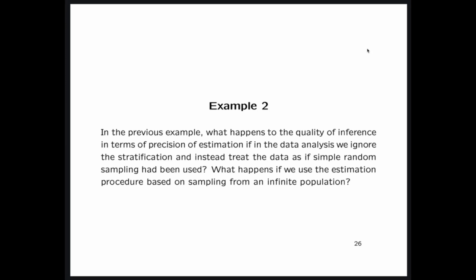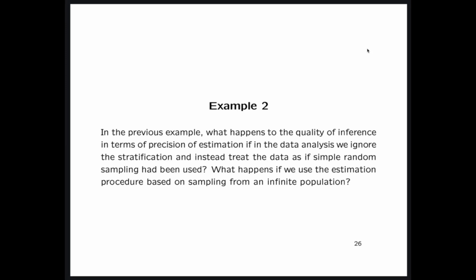In the previous example, what happens to the quality of the inference in terms of precision of estimation if in the data analysis we ignore the stratification and instead treat the data as if simple random sampling had been used? What happens if we use the estimation procedure based on sampling from an infinite population?